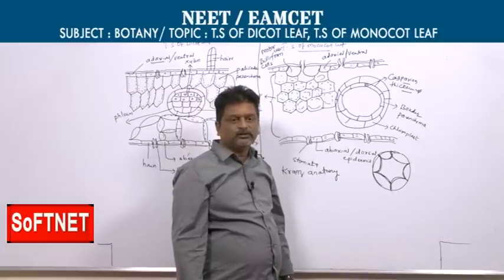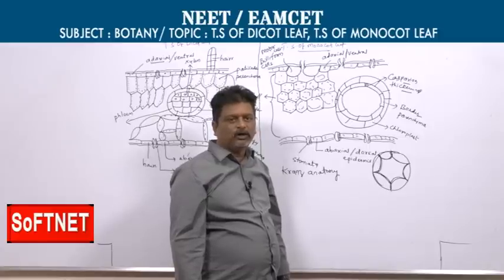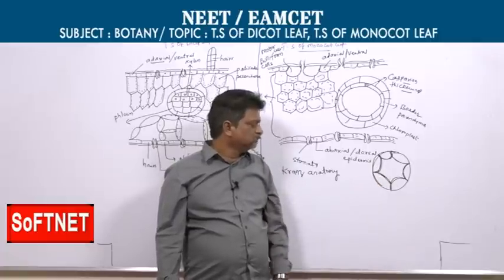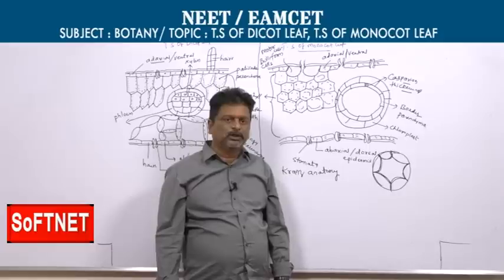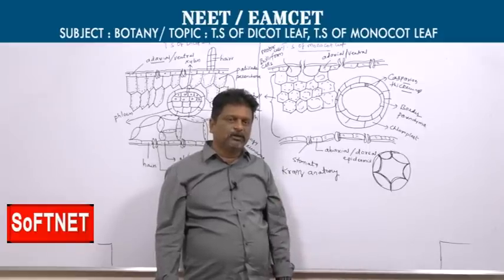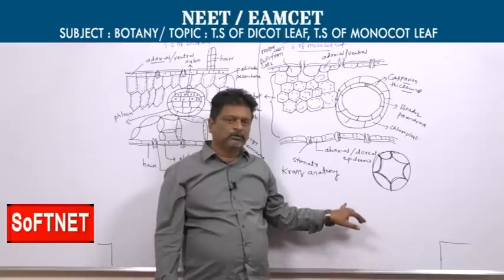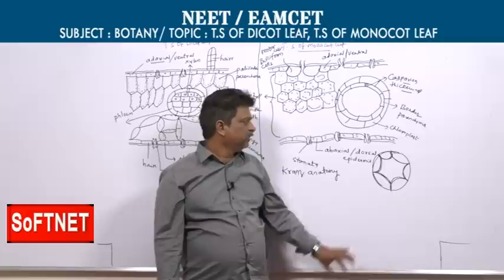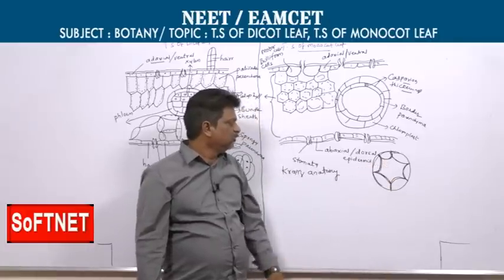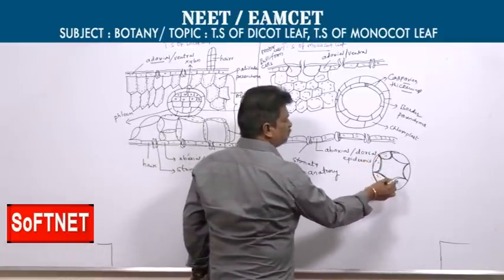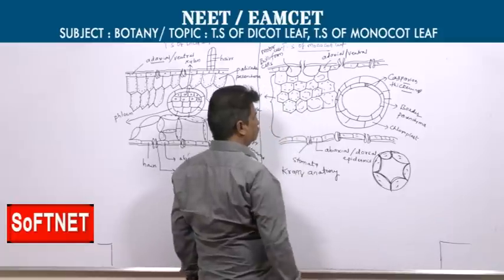These bundle sheath cells are large, thick-walled, without intercellular spaces, and impermeable. These bundle sheath cells appear like a garland of flowers called a kranz, a German word, and in English a wreath-like arrangement, present in some monocots. Generally, such monocots are called C4 plants.